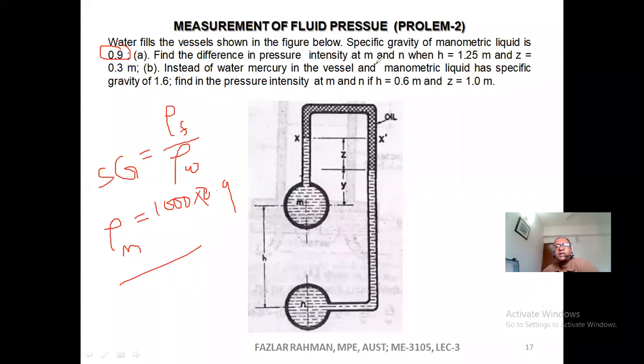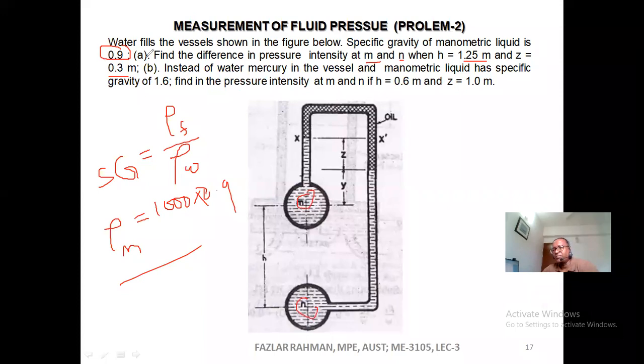Difference in pressure intensity. Fine. You need to find pressure intensity at point M and N. That means tank M and N when height H equal to 1.5 meter, Z equal to 0.3, and Y value is not given.